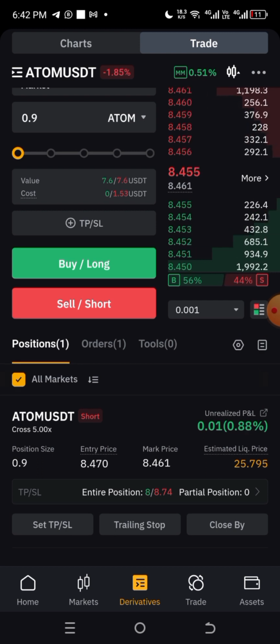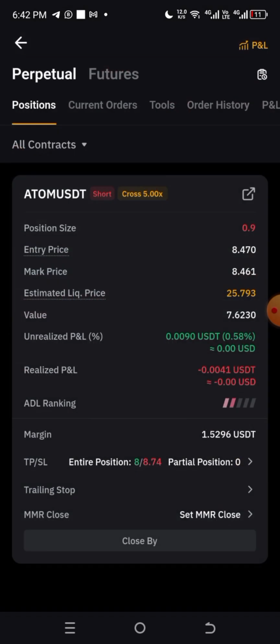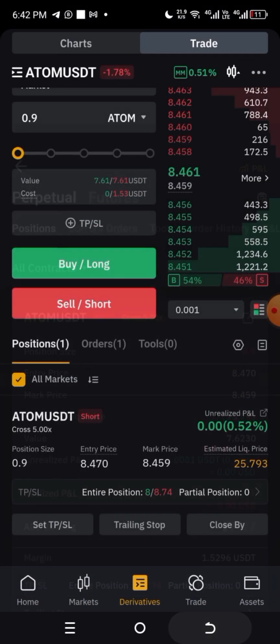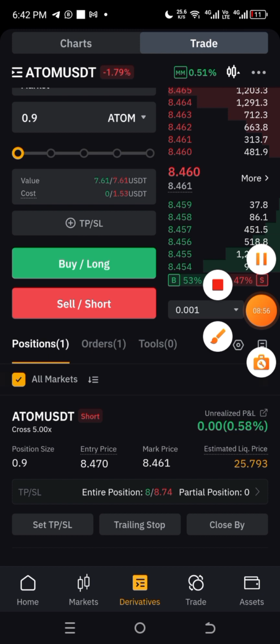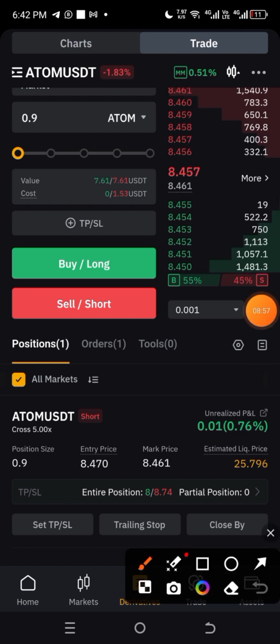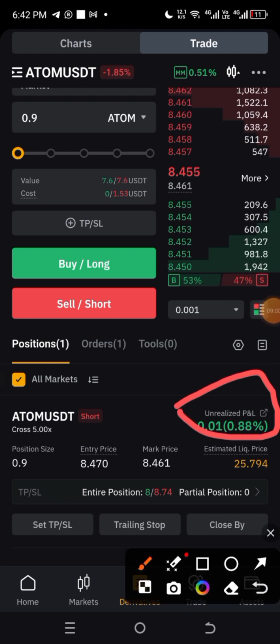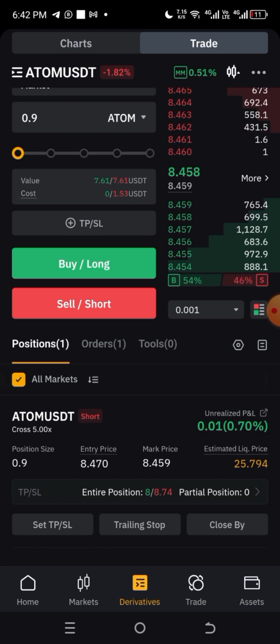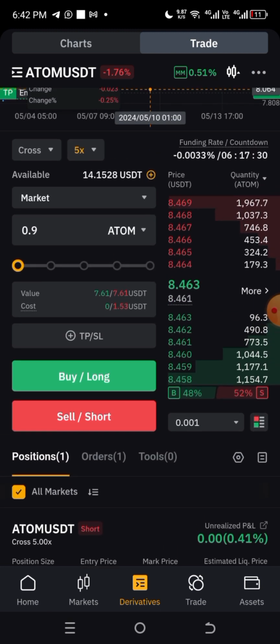Got it, 0.01. This percentage here, you can see unrealized P&L, that's unrealized profit and loss. It is unrealized because you have not closed the trade. All right, so basically that's just it. So this is how to go into a sell trade on futures.